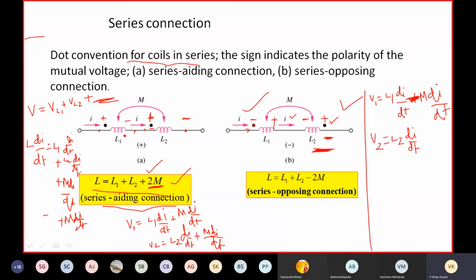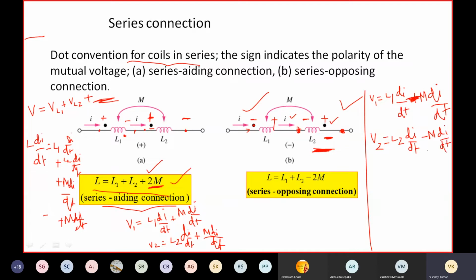Anyhow, you are collecting the voltage at this point with respect to this point, which will be negative. That's why L2 di by dt minus M di by dt.